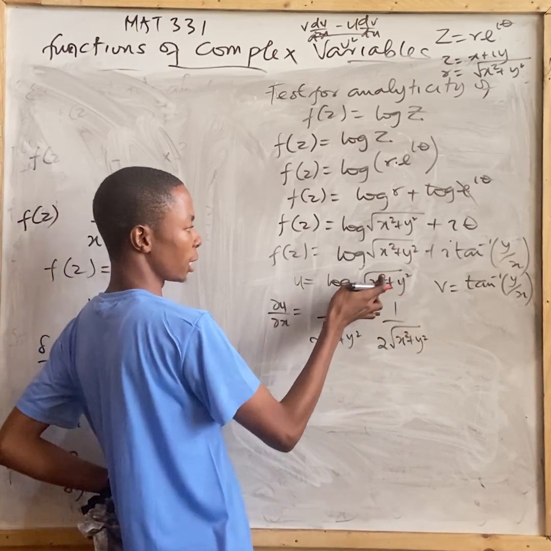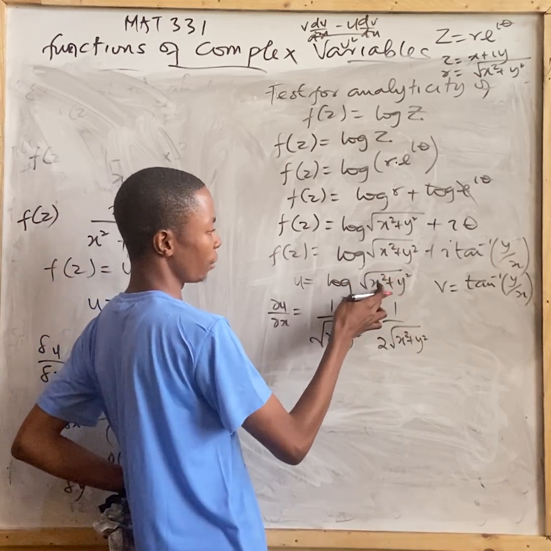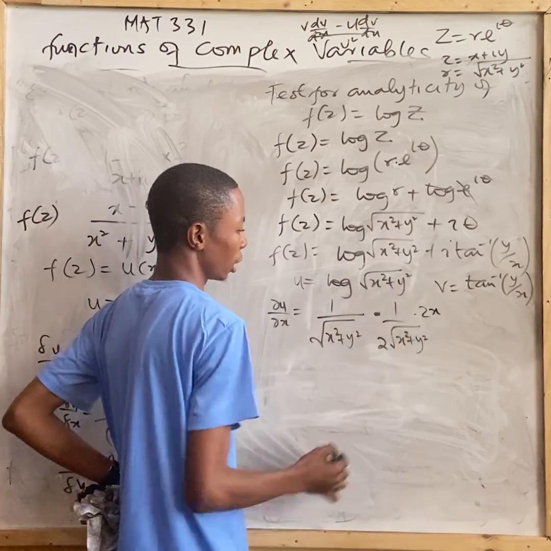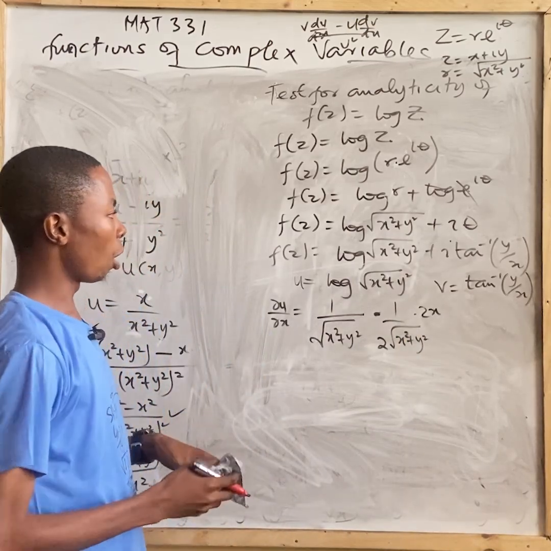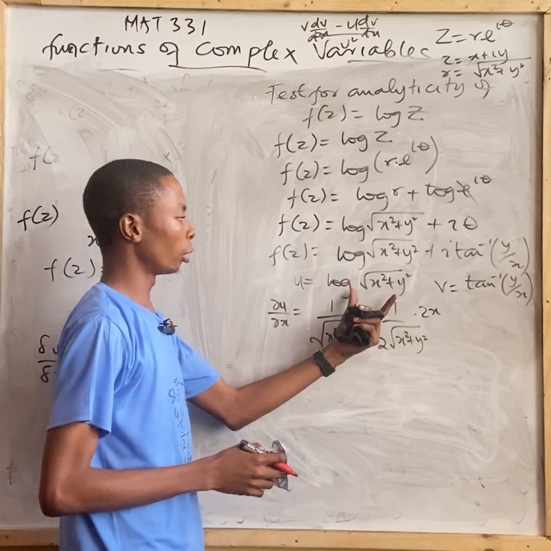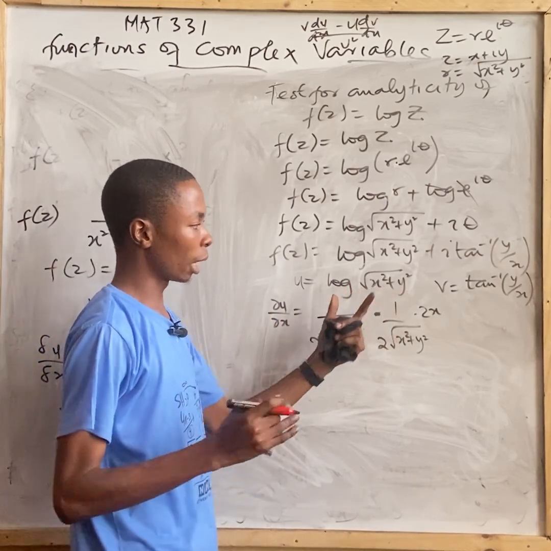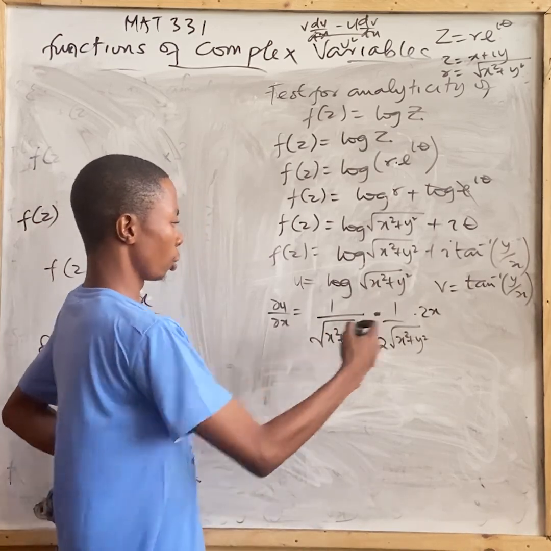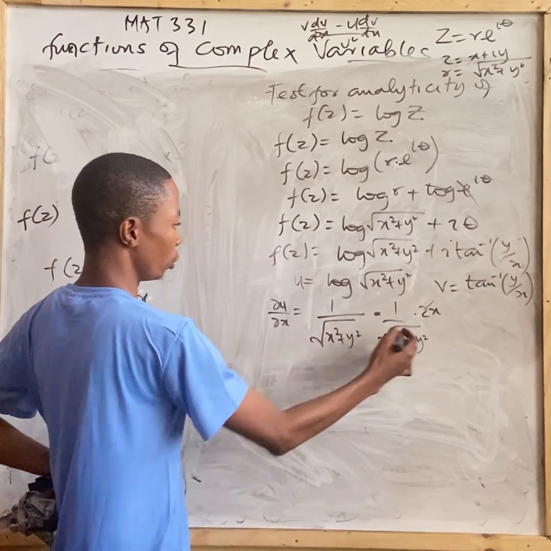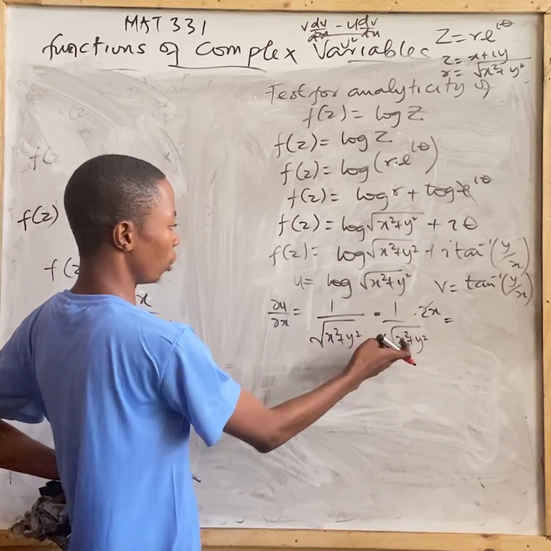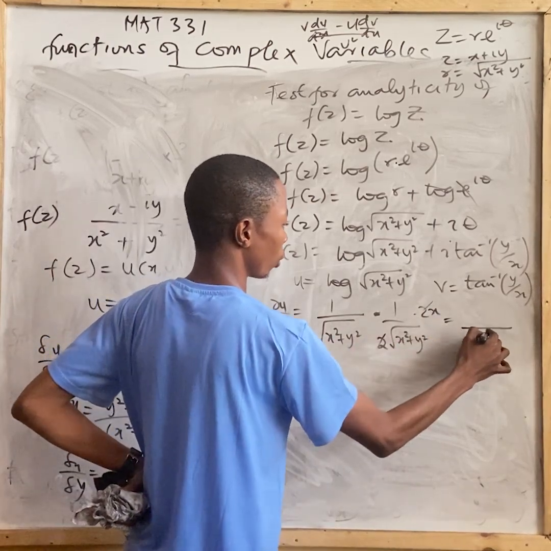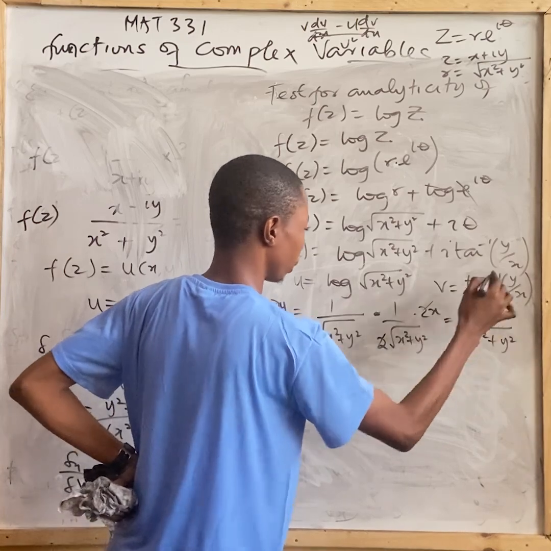Then differentiating x squared with respect to x gives 2x. Viewers, please go and revisit your basic differentiation of logarithms, the chain rule, and other rules of differentiation. So 2 cancels 2, and du/dx will be root times root, giving x over x squared plus y squared.